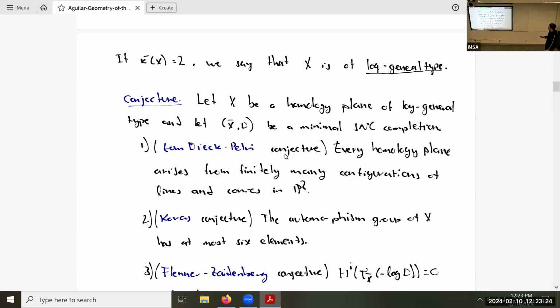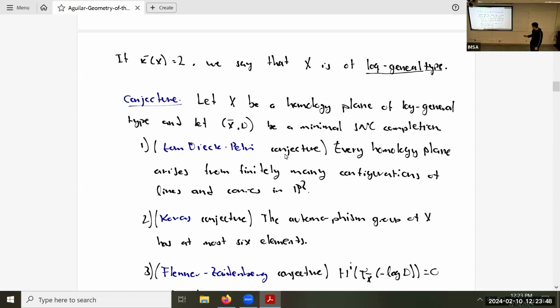So if you have a homology plane of log general type and you consider a minimal simple normal crossing compactification, we have this conjecture of Tom, Dick, and Petri that says that every homology plane arises from finitely many configurations of lines and conics on P2.